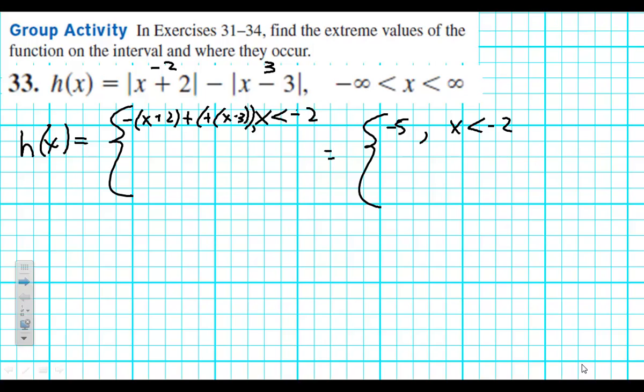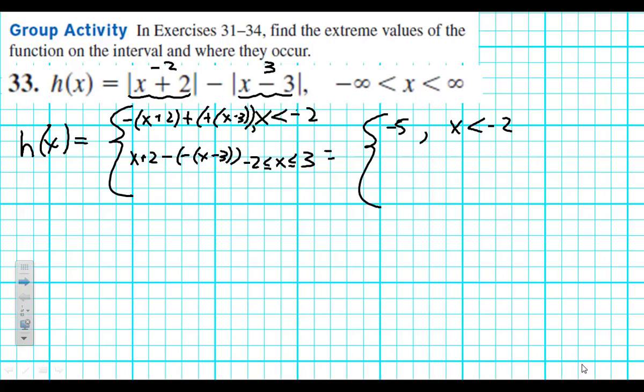All right? Now I've got the interval in between -2 and 3. So this is when x is greater than or equal to -2, but less than or equal to 3. And in that interval, this expression is positive, so I just have an x plus 2, minus, but this expression is negative, so I have to do the opposite of that expression.